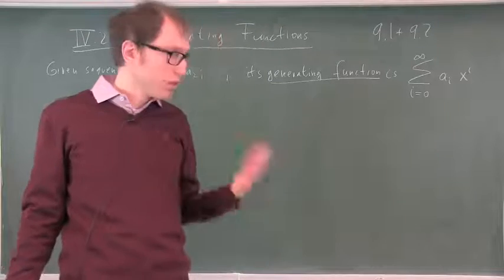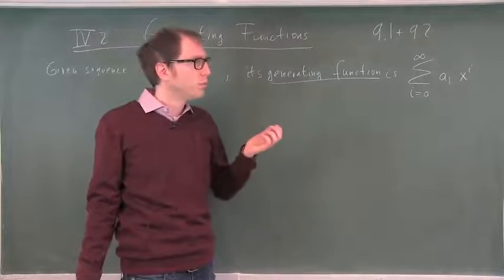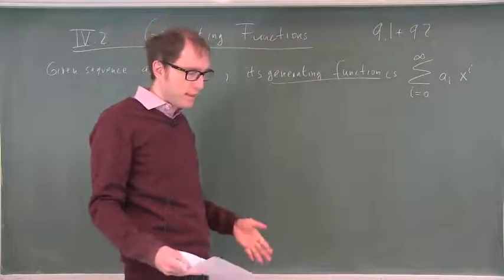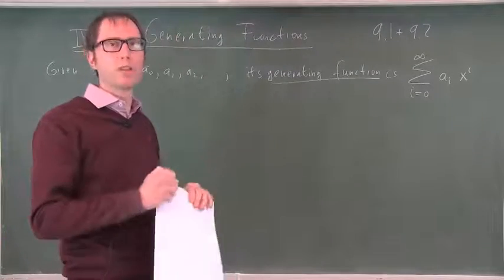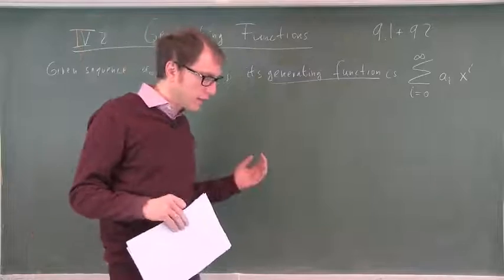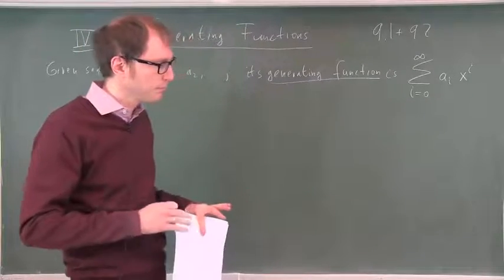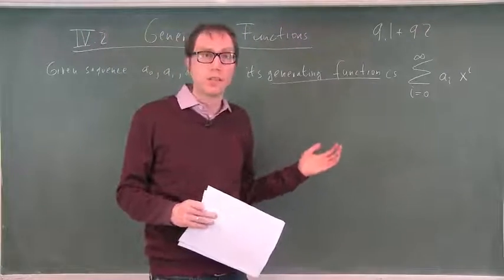For us, the generating function is really a completely formal object. It's a symbolic, algebraic way of putting all of these numbers together into one object. The advantage is that you can manipulate this one object. For instance, you can multiply generating functions, and we will see we can even take derivatives.